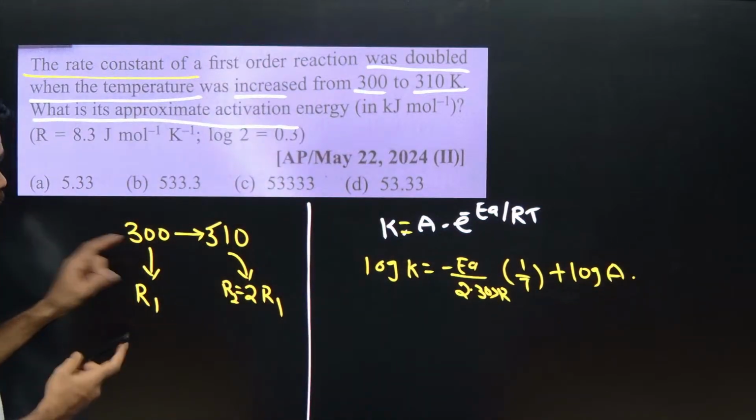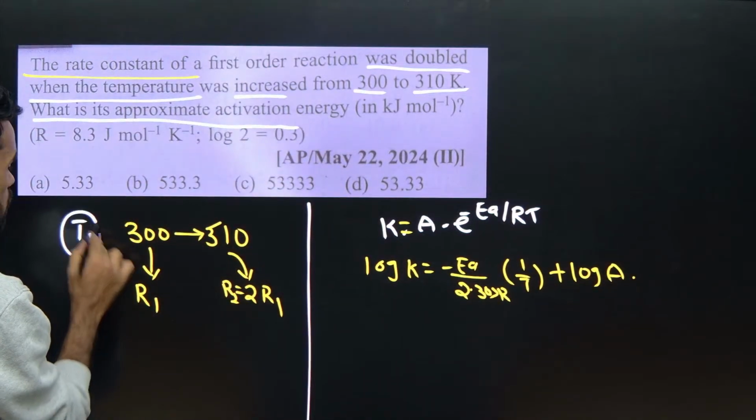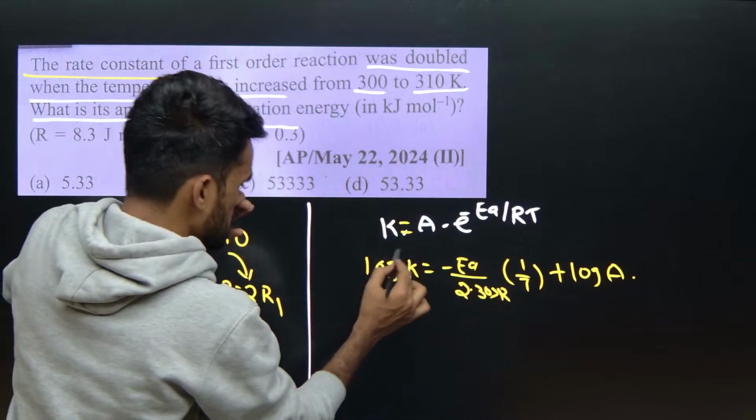Now at temperature T1, the rate constant is K1.